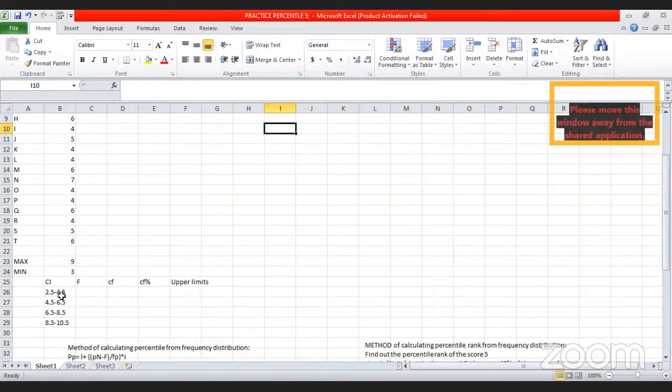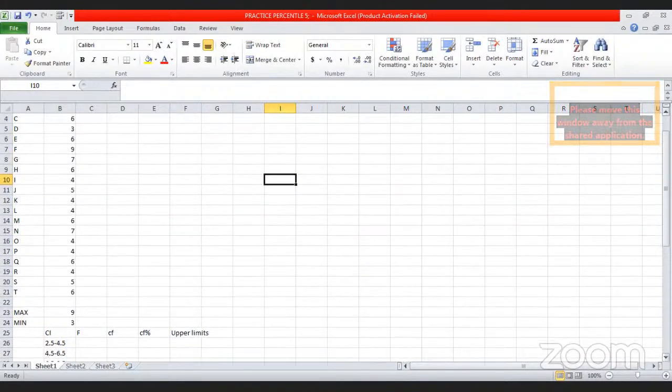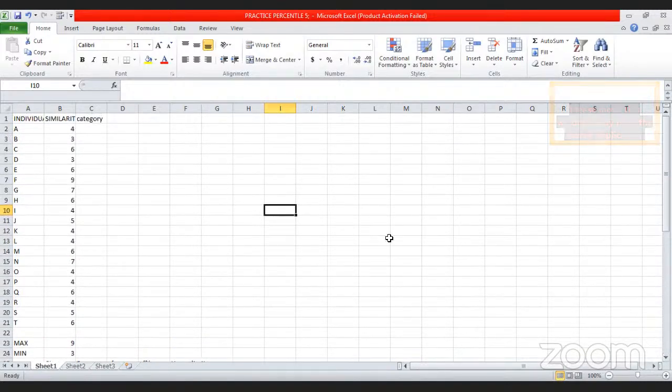Now I have to count how many scores are there within 2.5 to 4.5, within 4.5 to 6.5, within 6.5 to 8.5, and 8.5 to 10.5. That is the frequency. For that purpose, we can use Excel. So I will make a category here.